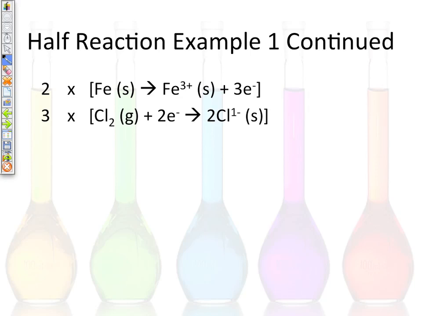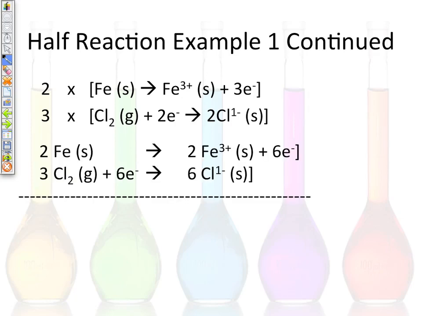3 is multiplied by the Cl2 plus the 2 electrons plus the 2 Cl1 negatives. And I can rewrite it once I distribute. 2 Fe goes to 2 Fe3+ plus 6 electrons. And then 3 Cl2 plus 6 electrons goes to 6 Cl1 negatives.